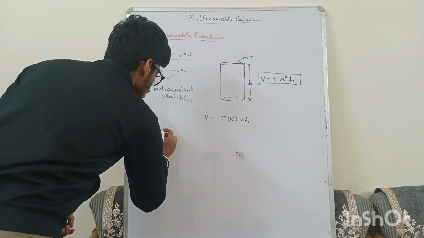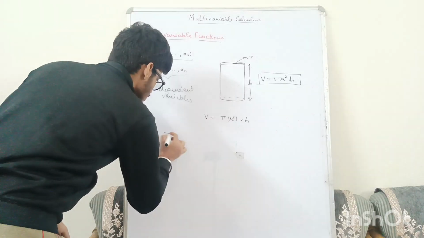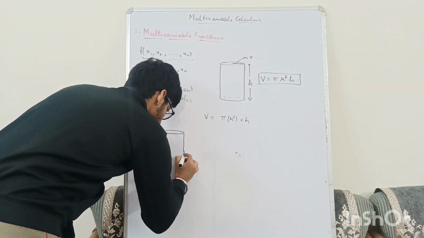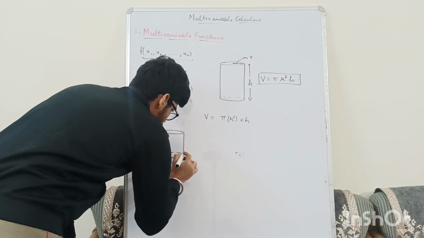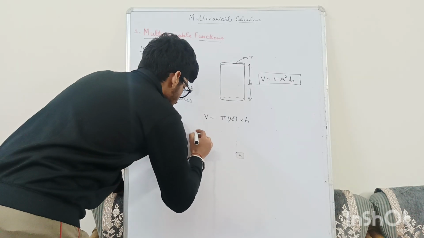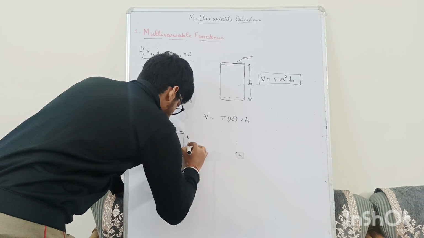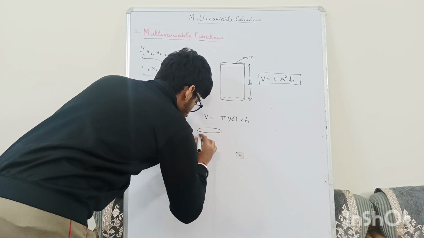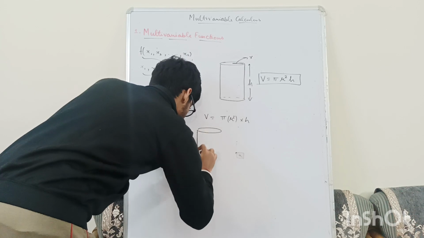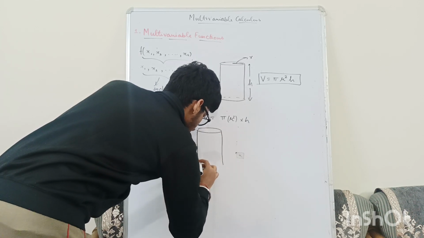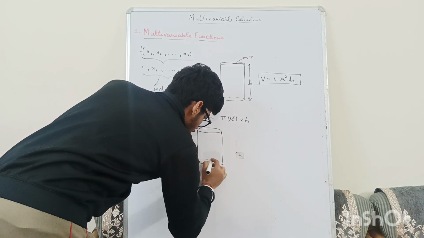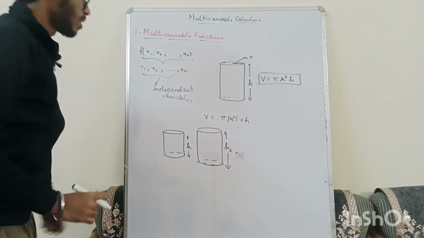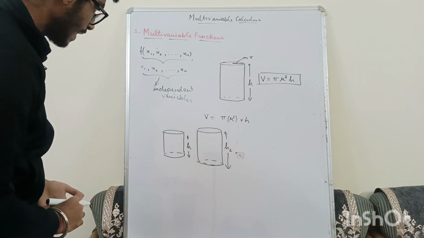So let's say I'm having some unit circles, and I can draw a cylinder like this for some height h1, and for the same unit circle we can draw a cylinder with height h2, right?